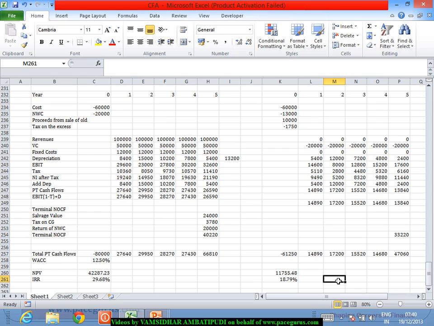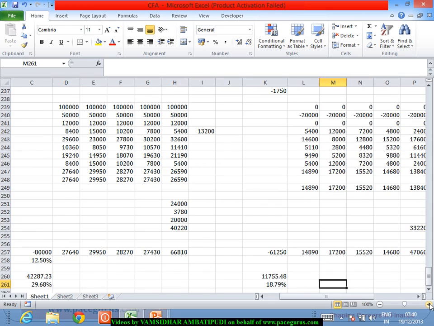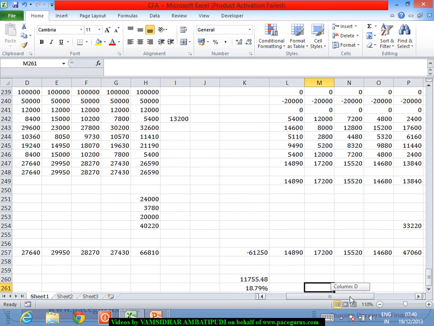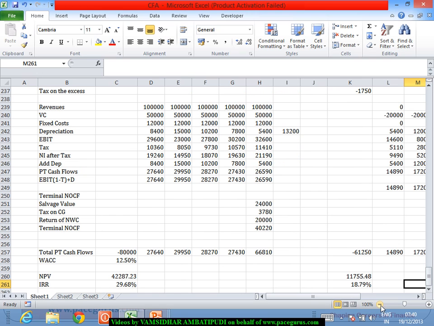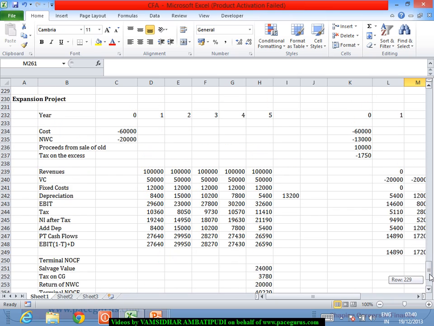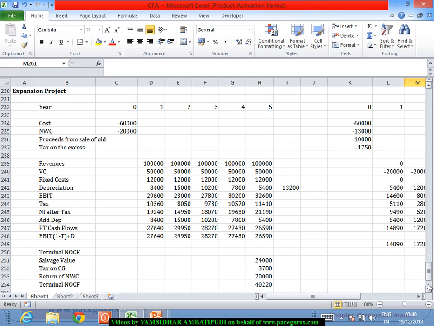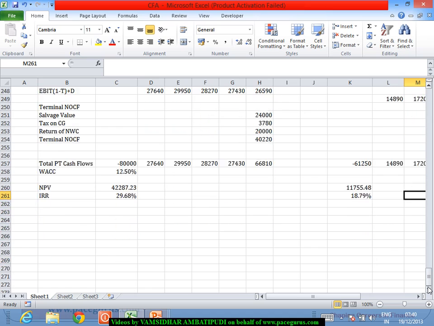So since NPV is still positive, we can very well go ahead in terms of replacing the existing project also. So that's how we actually look at comparisons and evaluating, especially when we are involved in replacement projects or the expansion kind of projects. So this is the kind of calculation that we are supposed to take for both these kind of projects.